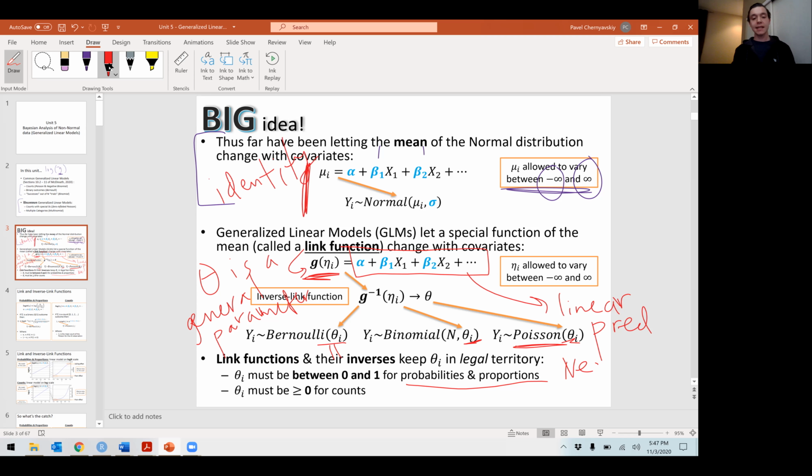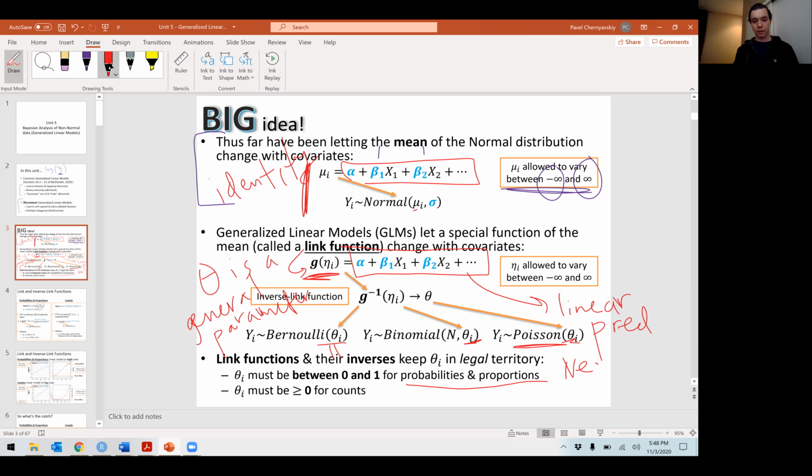Why is it called identity? Because we don't do anything. The function is don't do anything. We make our linear combination of alphas and betas and x's that can be between -infinity and infinity, and simply, as is, without any further transformation, plug it into a normal mean.